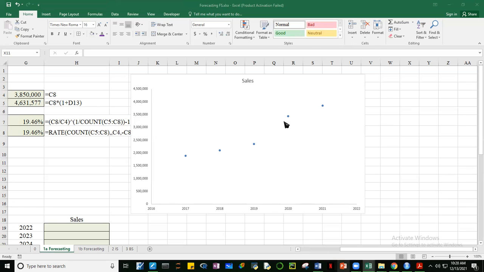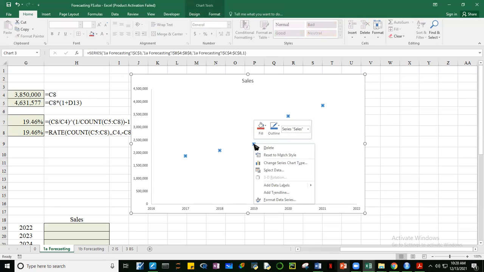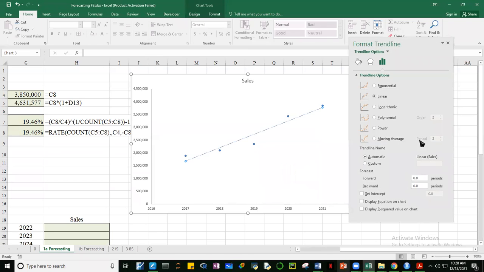Okay, so let's go to any point here, guys, and right-click there. See, add trendline. Add trendline. A trendline will appear here. The trendline options are exponential, linear. We use linear.